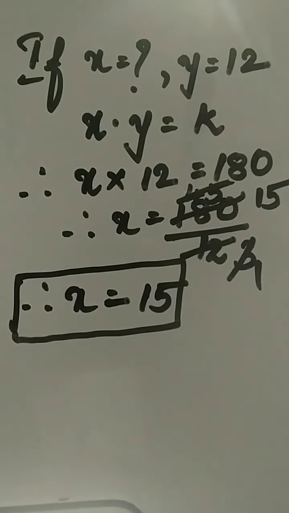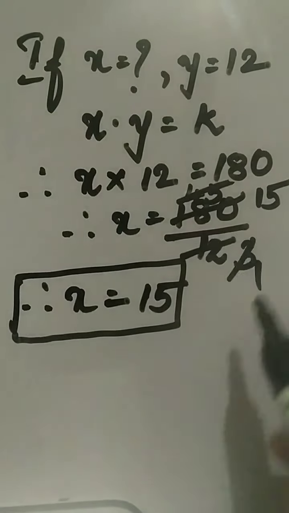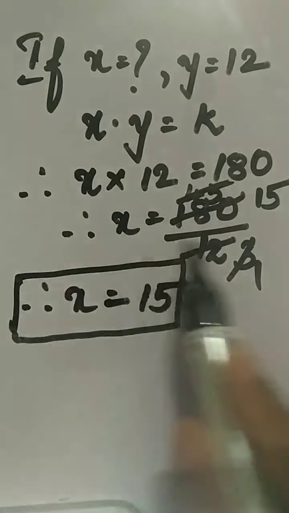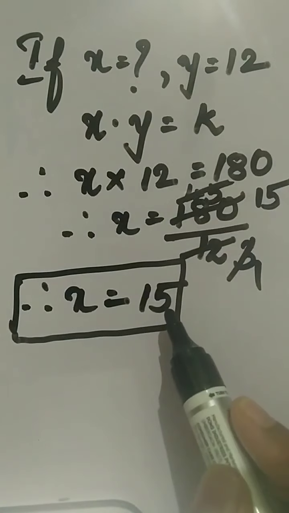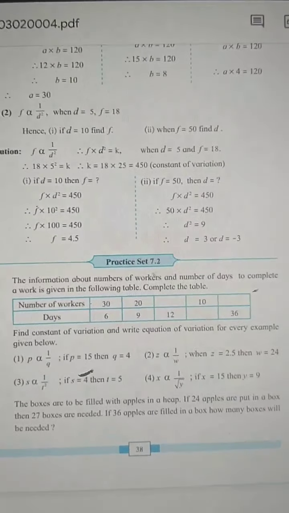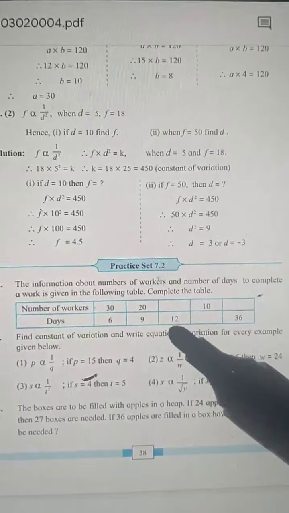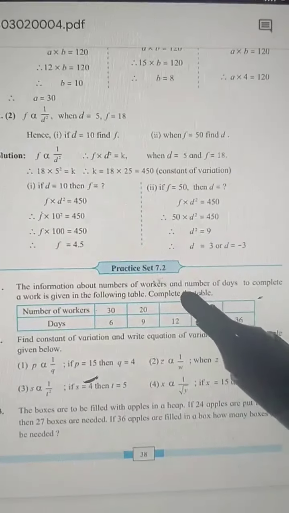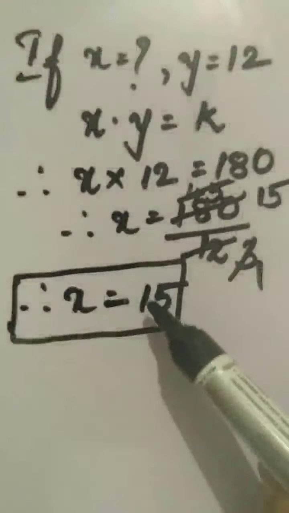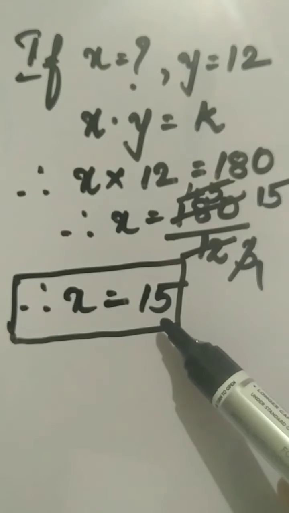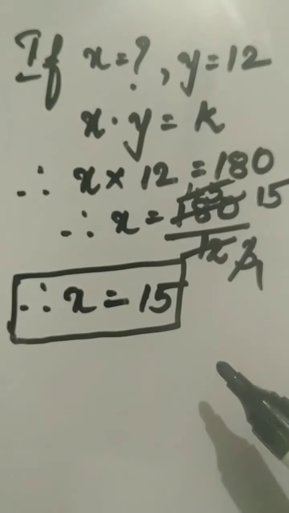Correct, no? 12 ones are 12. So you will get 18 minus 12 as 6, 60. 12 fives are 60. So we got the answer as 15. That means to complete the work in 12 days, how many workers are required? 15 workers.